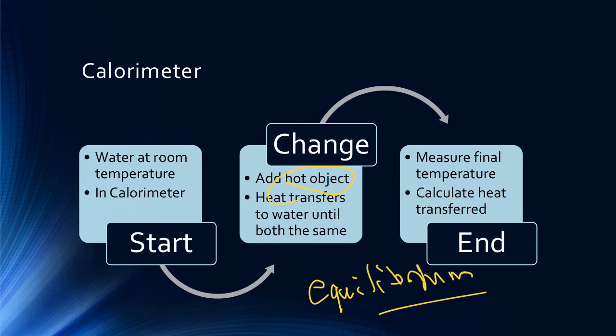Equilibrium. And we can measure the final temperature. The final temperature of both the object that we put in, that was hot, and the temperature of the water are the same temperature now, okay? That's the final temperature. And then we can calculate how much heat was transferred using the formula on the next slide.